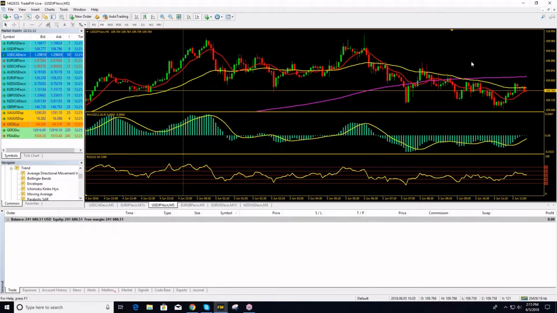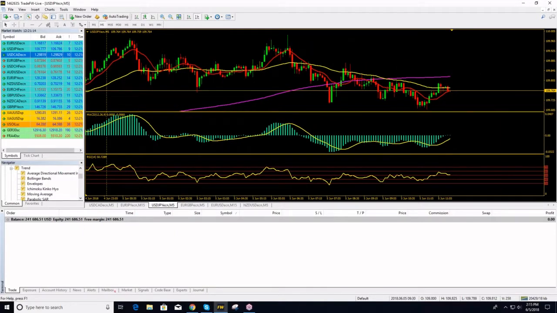For dollar yen, we are waiting for the MA10 to break above MA50 and MA20. So basically here we are looking for the red line to cross above yellow and purple, and of course price to close above all MAs.